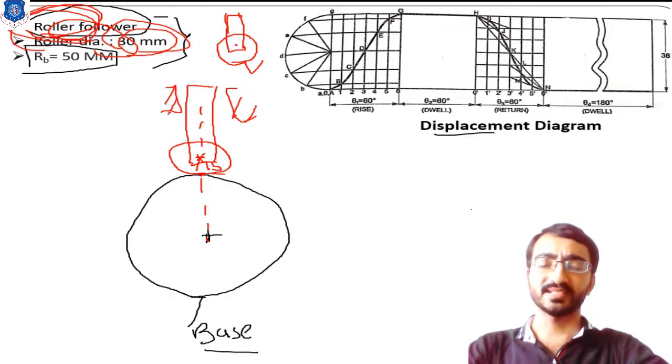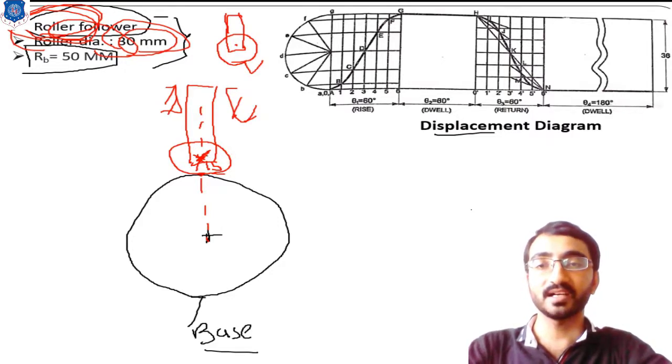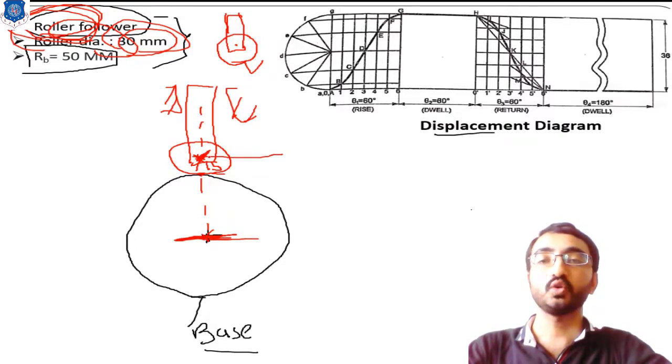Now after sketching this frame and section, you have the reference point with respect to the trace points. So now you have to draw another circle whose radius is equal to the distance from the center of your base circle to the center of your roller.